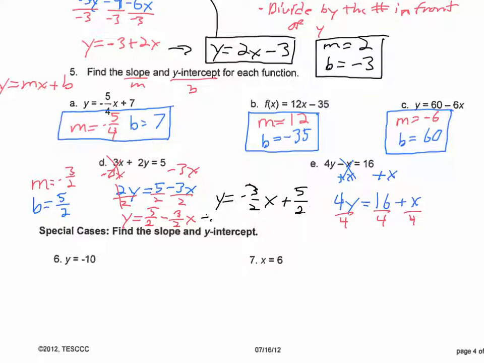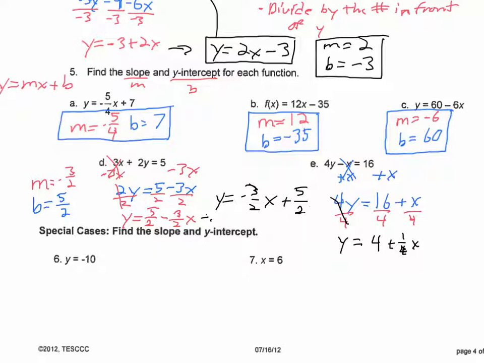Okay, so 4 divided by 4 goes away. I've got y equals 16 divided by 4 is a positive 4. And here I've got a 1x divided by 4, so this is going to be 1/4 x. This time I'm going to leave it like this.